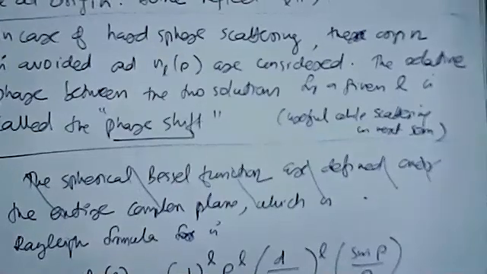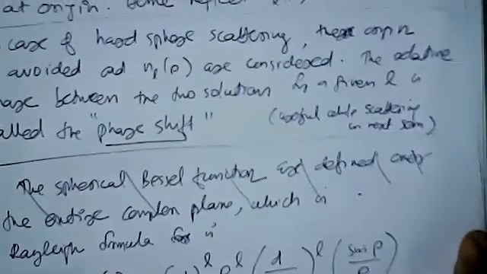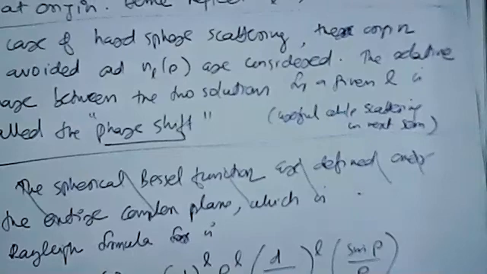Now, there is a formula suggested by Rayleigh to find J_L of rho. It is like this. This is also given in the appendix of the textbook. You can check this formula.